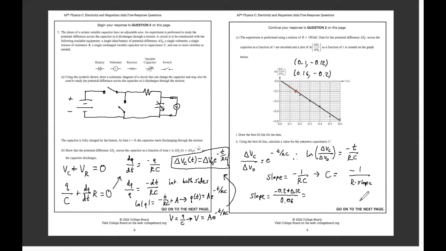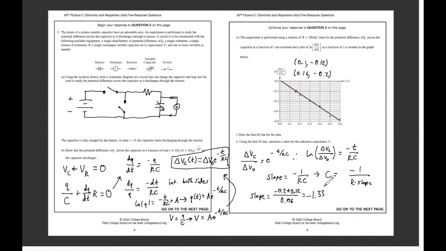And if I go ahead and put that into my calculator, what I am going to get is 0.08 on the top. Of course, that will be negative, so I'll make sure to put that in my work. I do get a slope of negative 1.33 in my graph. And so going ahead and plugging that in, I do have to divide by 150,000.